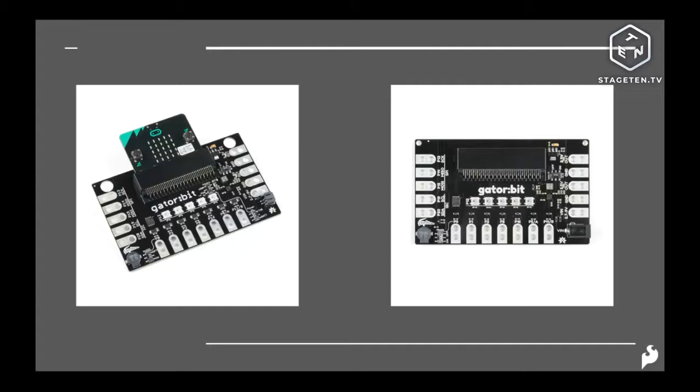A lot of questions we get is, why the Gator Bit? The Microbit already has some alligator clippable edges. Why does this thing exist? And one of the reasons is, yes, the Microbit has the ability to do some alligator clipping, but those pins or those places that you connect to tend to be very simple in terms of functionality.